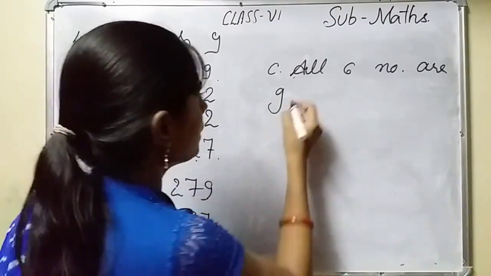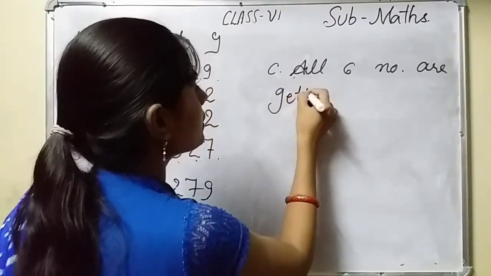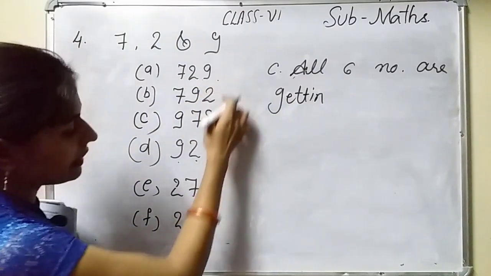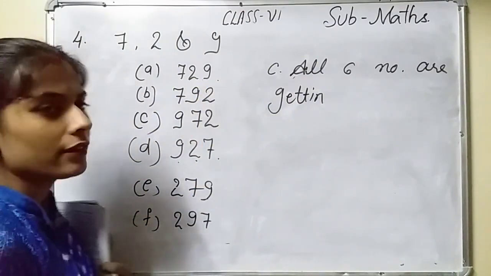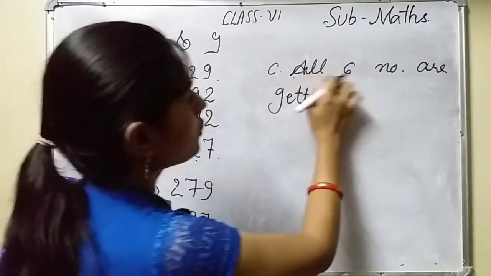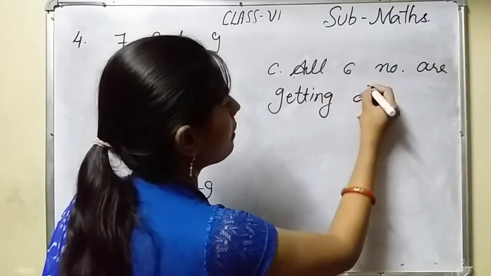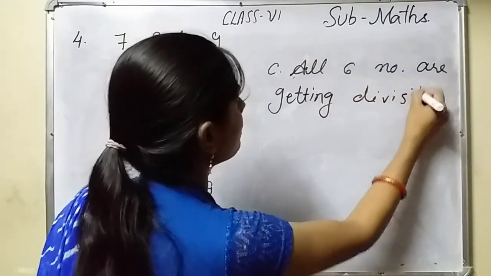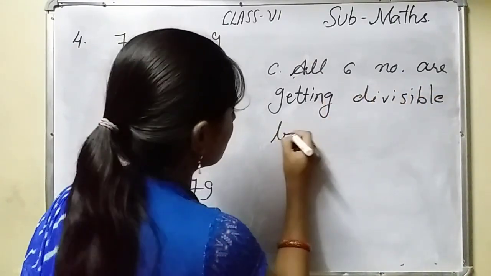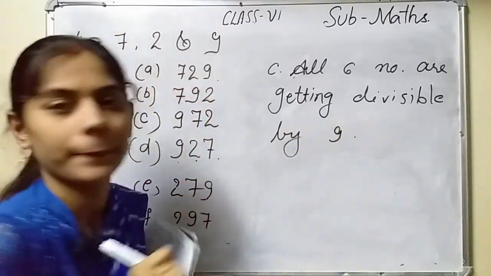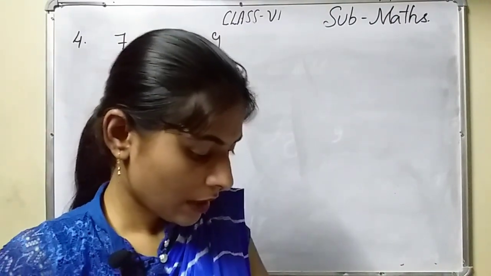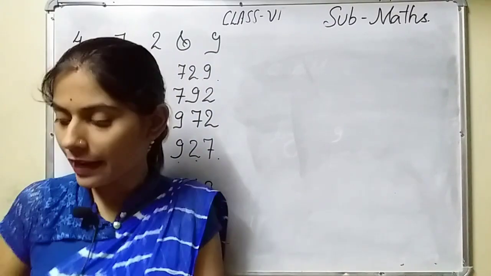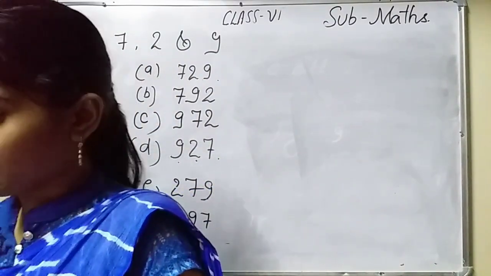You can find it very easily. All 6 numbers are divisible by 9, because each and every sum is 18 and 18 is divisible by 9.